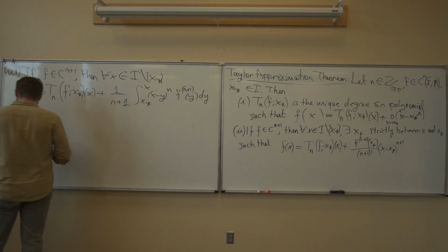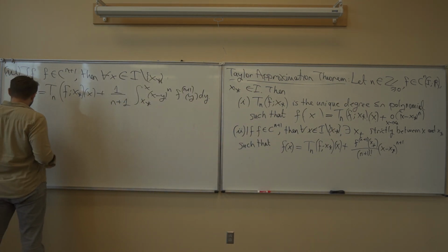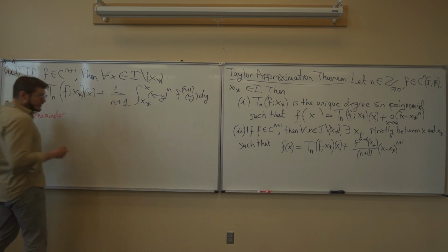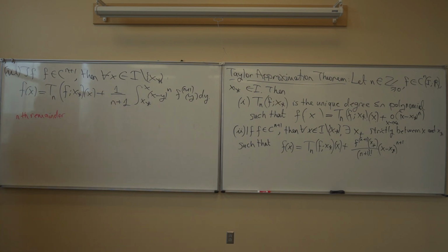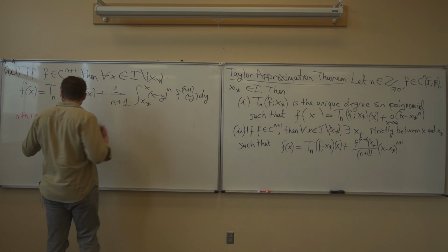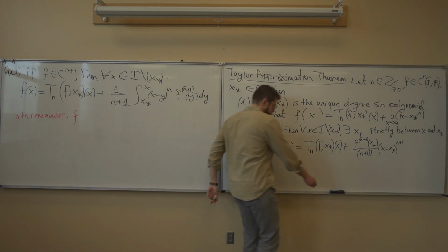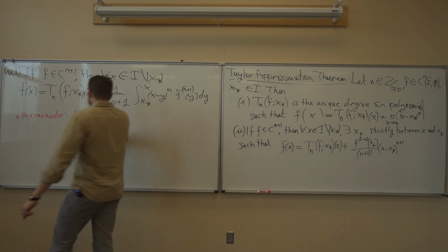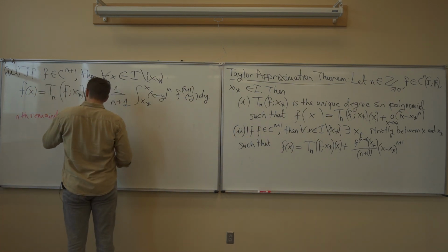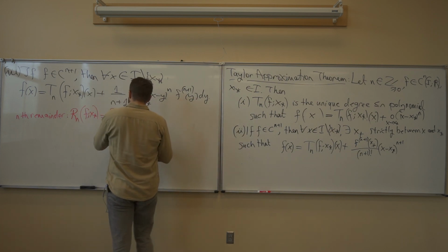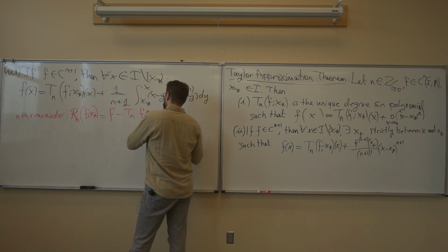So this is your error term that you're trying to make as small as possible or understand. R sub n of f comma x star is f minus the nth Taylor polynomial.